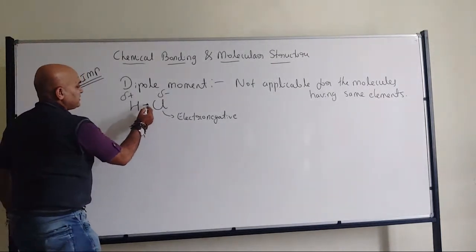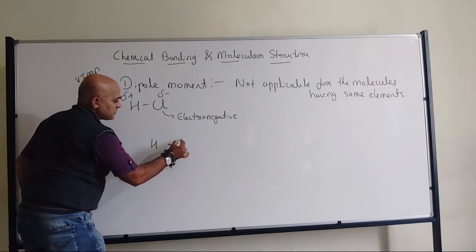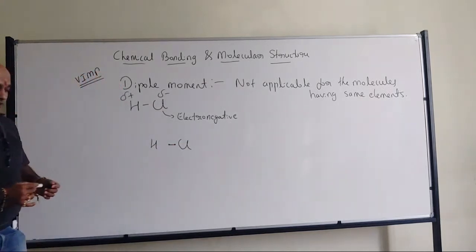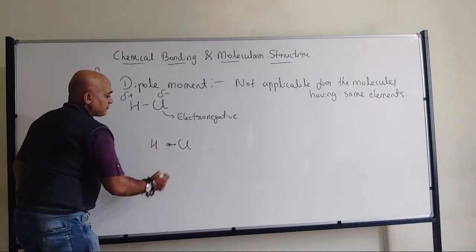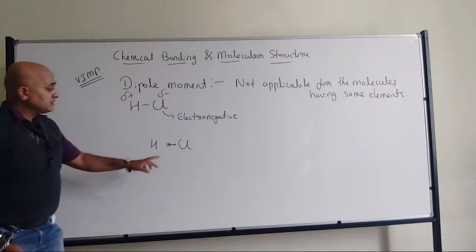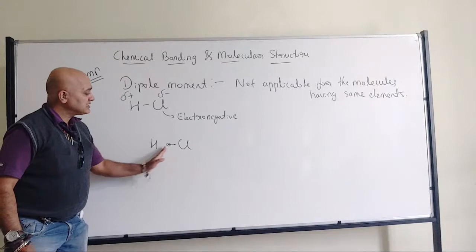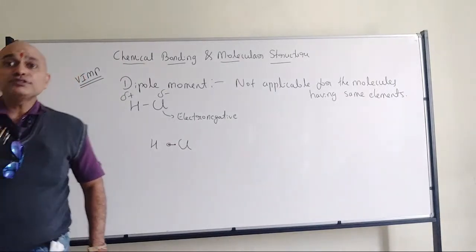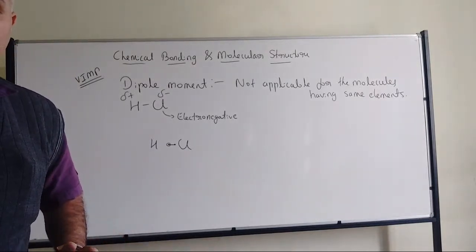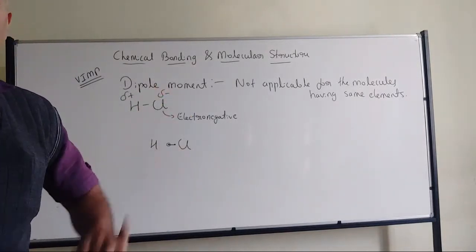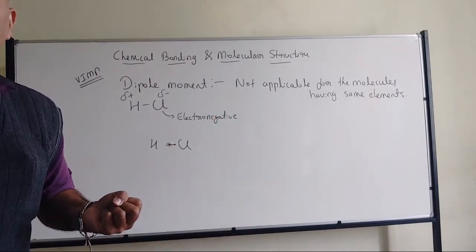Now, generally we will draw like this to make you understand. Electrons will be present like this, and I will give this electron a different shading. Although this electron belongs to hydrogen, it is pushed towards the chlorine. Please remember, it is not completely donated to chlorine, but it is pushed near to the chlorine because chlorine has attracted the electron of the hydrogen.